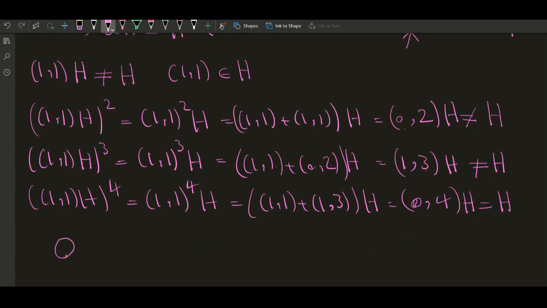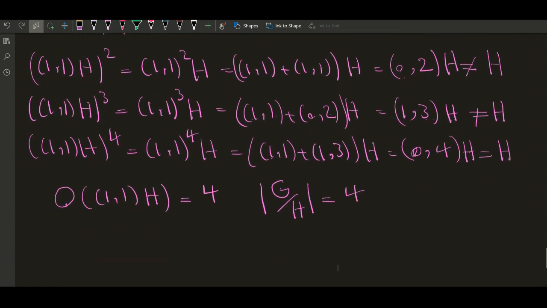So we conclude that the order of (1, 1)H is equal to 4. And we also proved that the order of G over H, our quotient group, is equal to 4. So we have a quotient group of order 4, which has an element of order 4. So it is equal to the cyclic group of order 4.